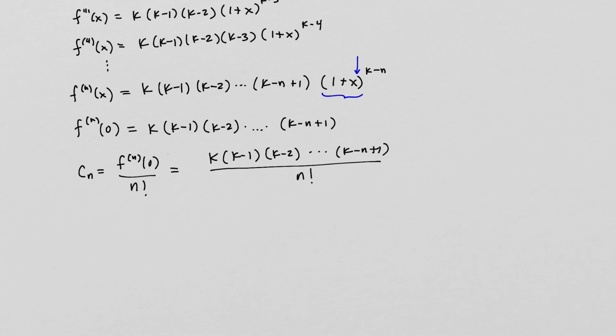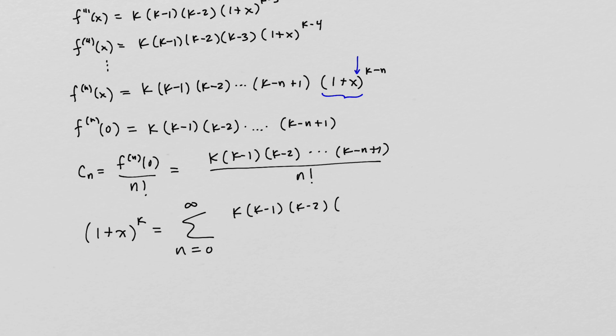And so the series here for 1 plus x to the k power is going to be the sum, n equals 0 to infinity, of this, and then times x to the n power.